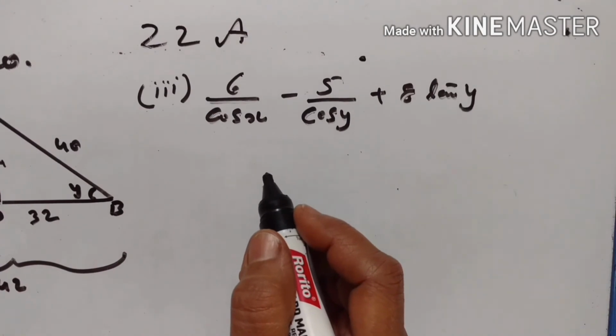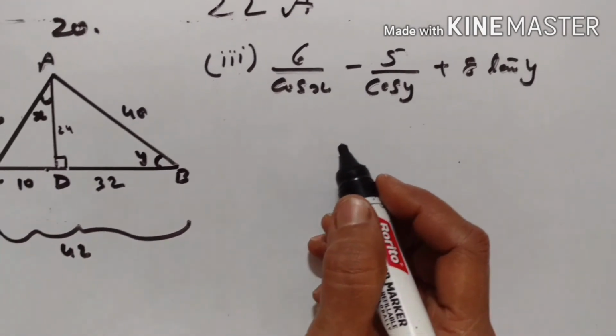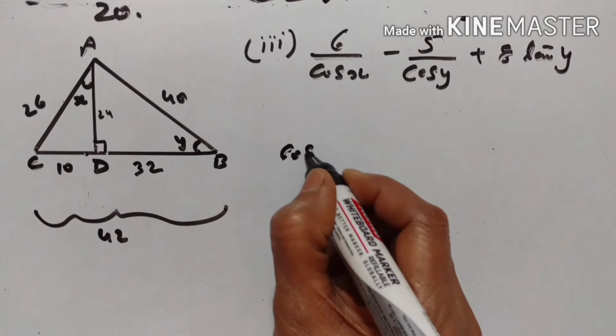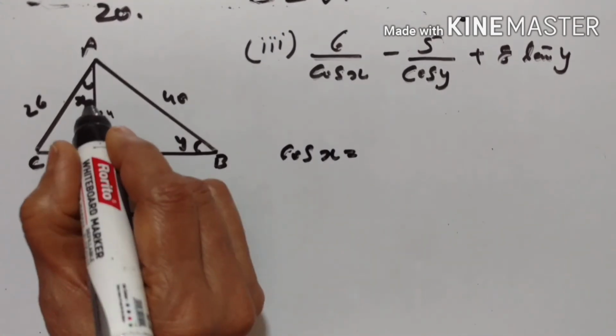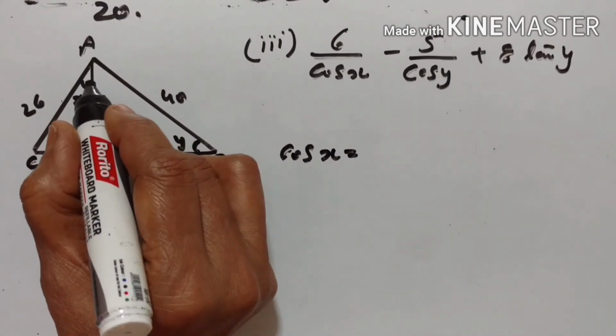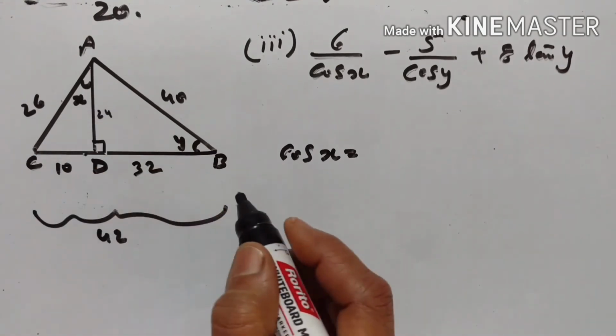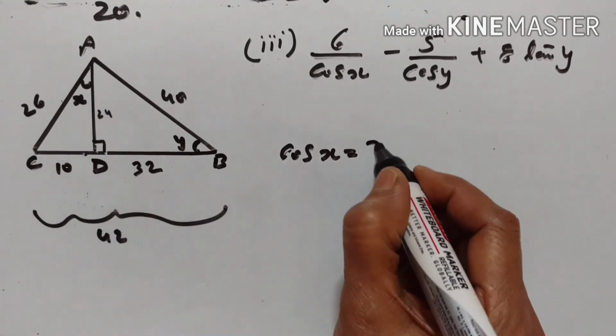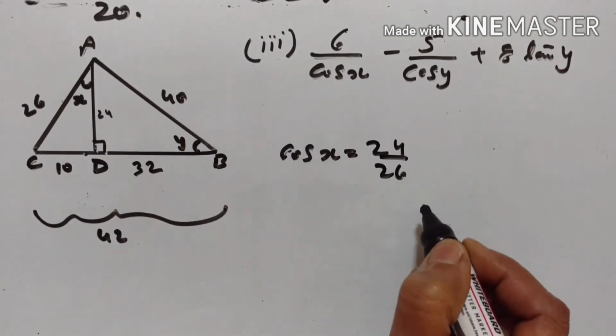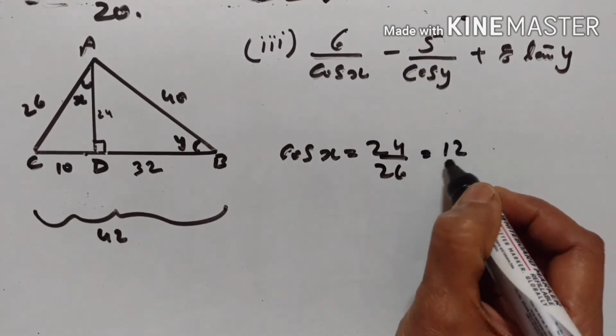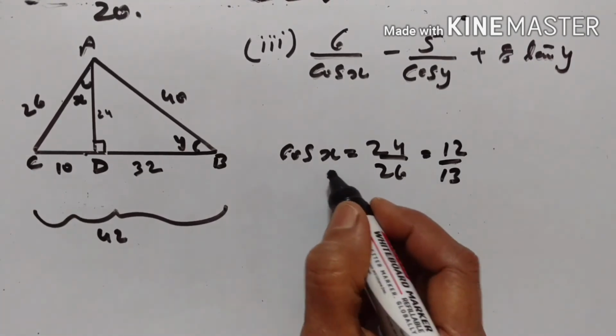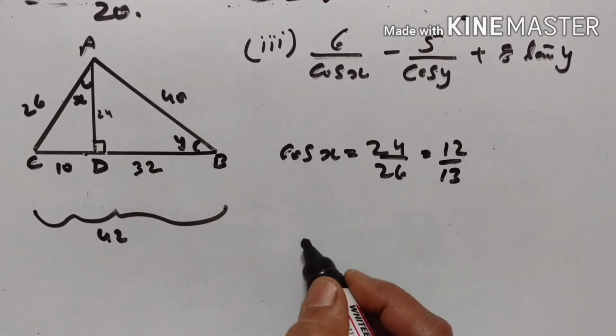Let us find what is cos x, cos y and tan y first. Cos x is equal to base upon hypotenuse, AD upon AC. So 24 upon 26. 2 12s are 24, 2 13s are 26. Cos x is equal to 12 upon 13.